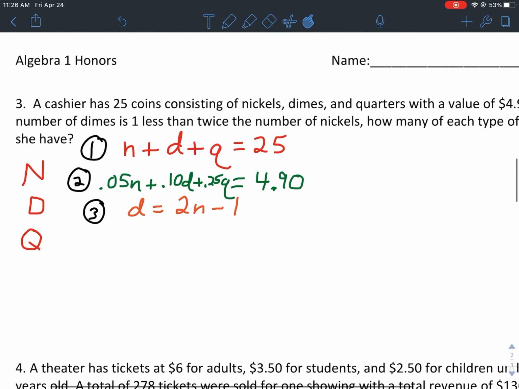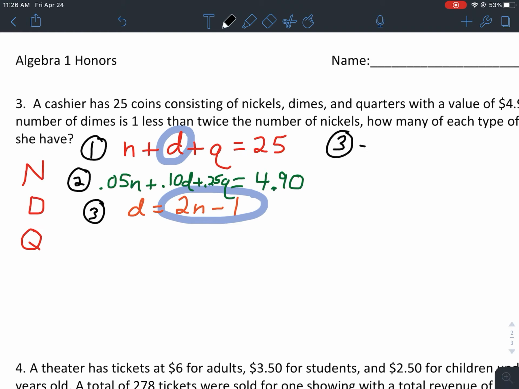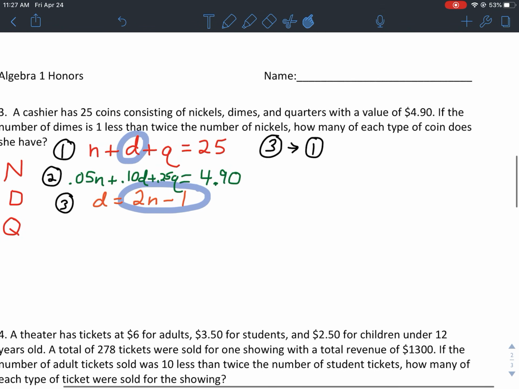Okay, so next we need to figure out what we're going to do to get one of these variables. What I lean towards first here is substitution. I see that d equals 2n minus 1, so I plug that in for d. I'm going to plug equation 3 into equation 1.